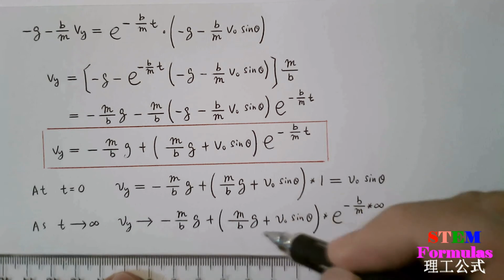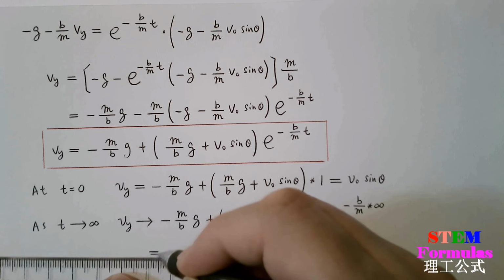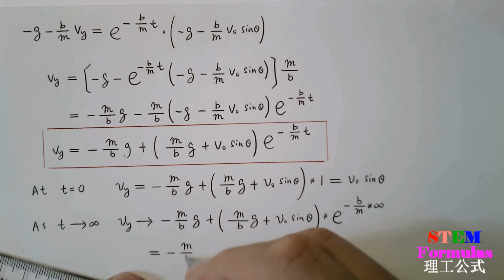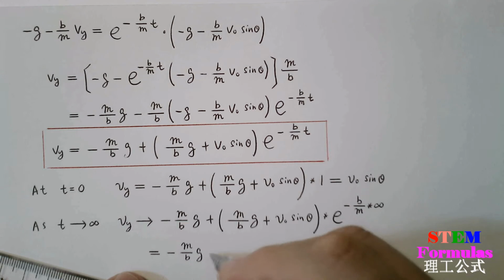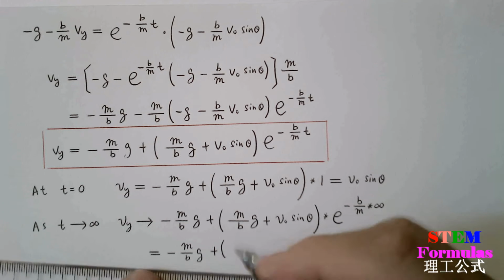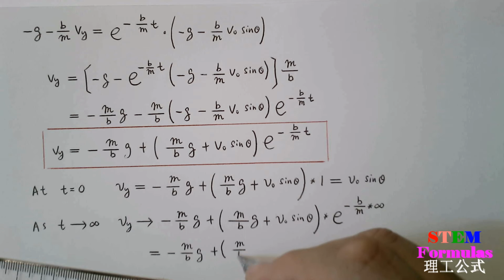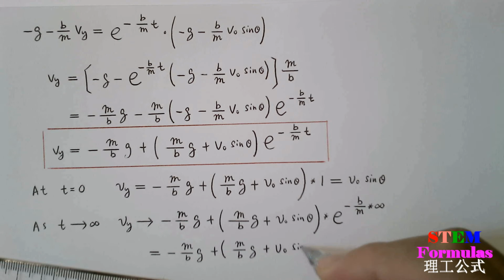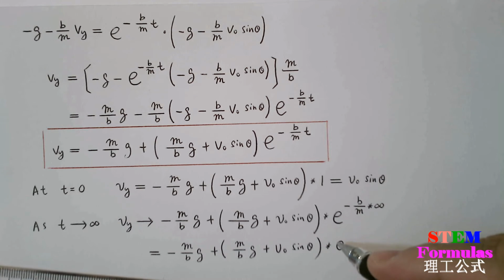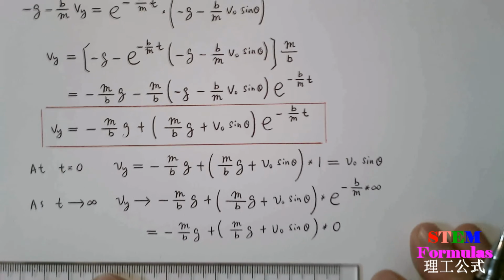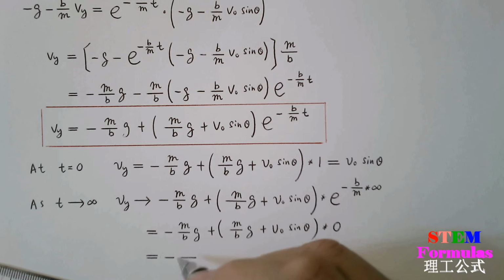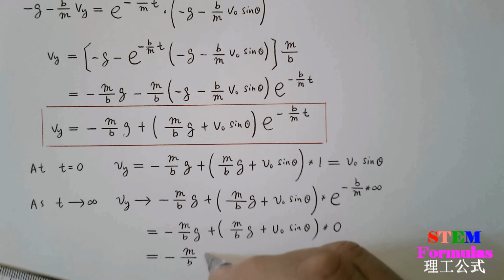So this one equals minus m b g plus the whole term m b g plus V0 sine theta times 0. So the answer is minus m b g.